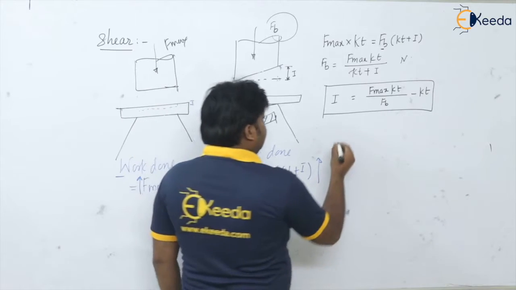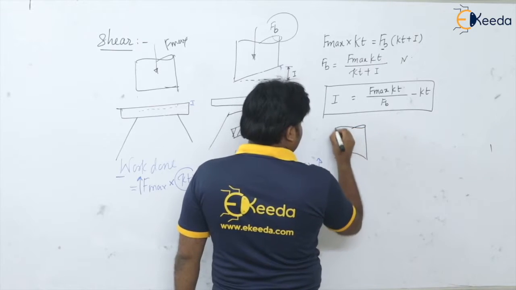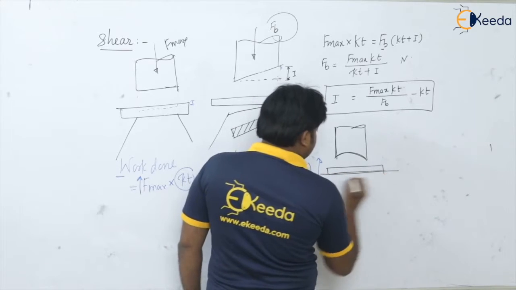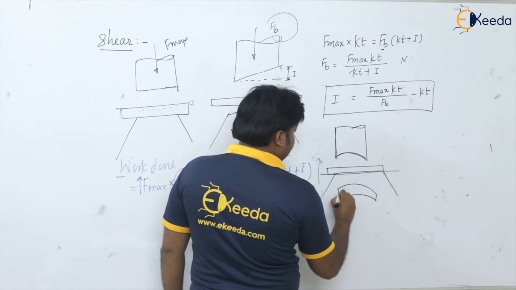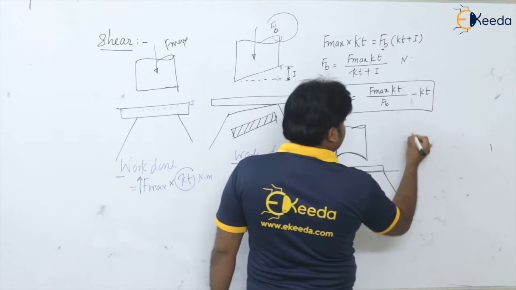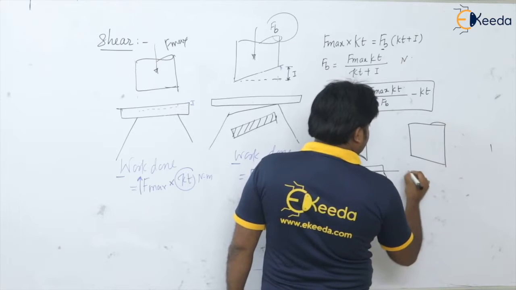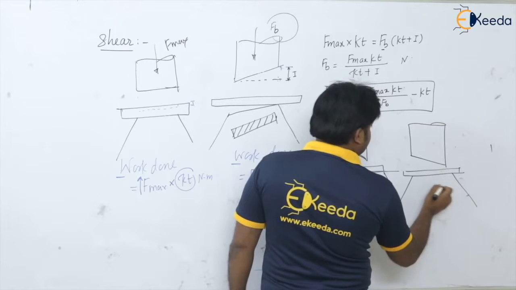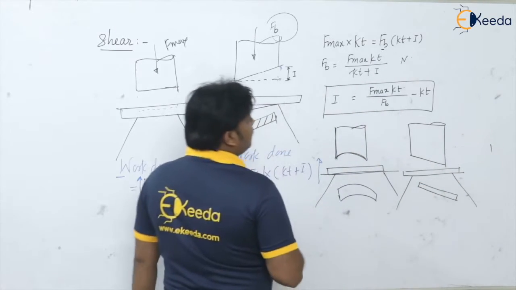How? You can see, if I am having the concave shear on the punch, so in the die your slug will be like this. Okay, this is the concave shear. If your shear is balanced shear like this, and this is your sheet, then you are going to get the slug like this.